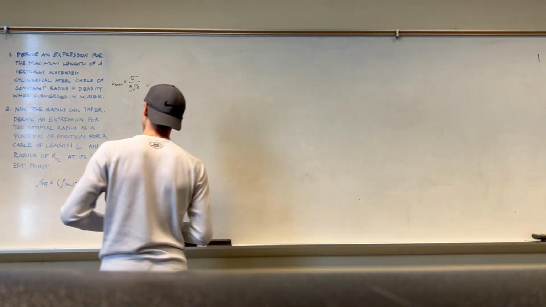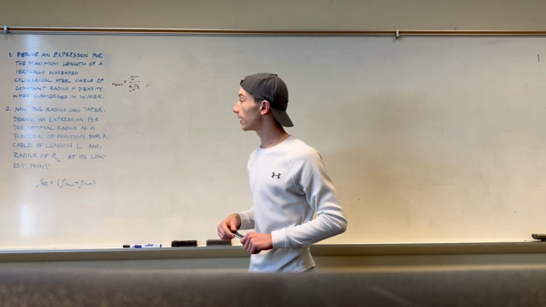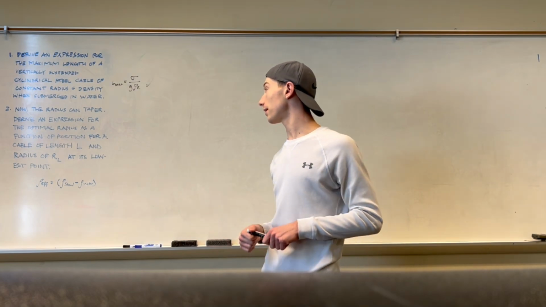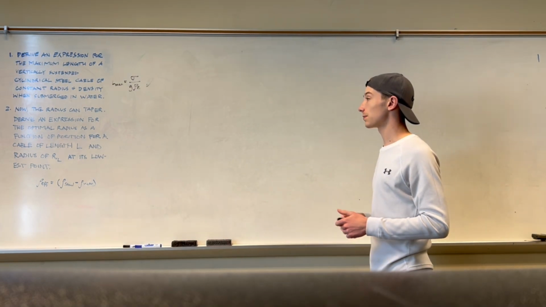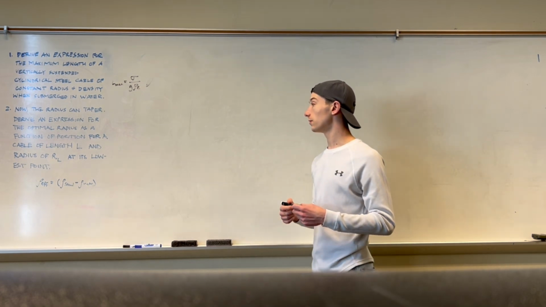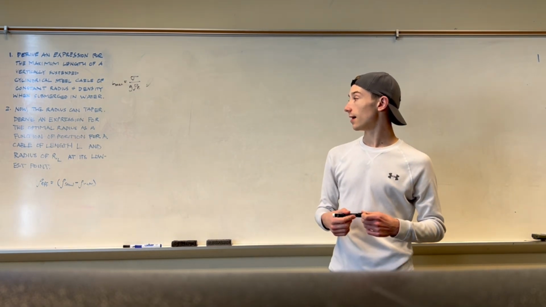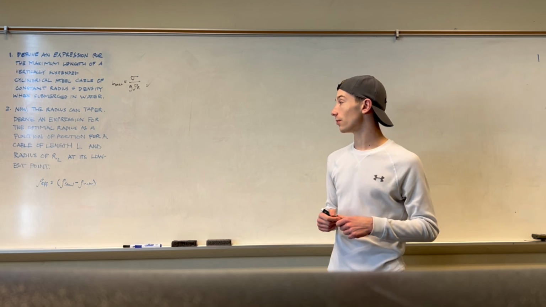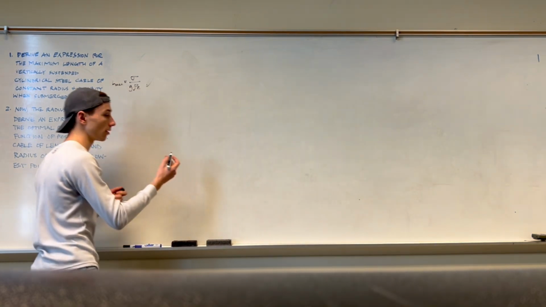All right. So now, part two, we have the radius of our rope now can taper. We want to derive an expression for the optimal radius as a function of position for a cable of length L and radius of R sub L at its lowest point. So basically what that means, let's draw a picture again.